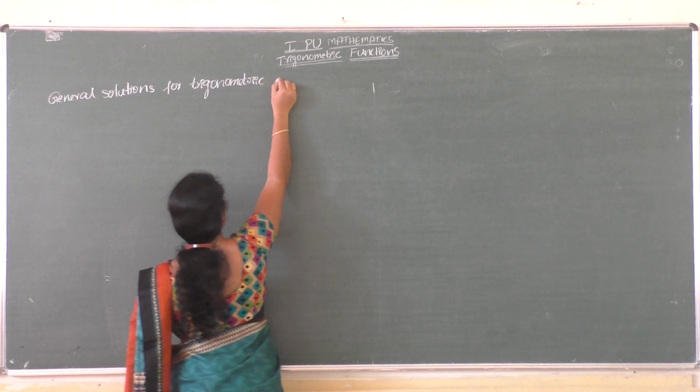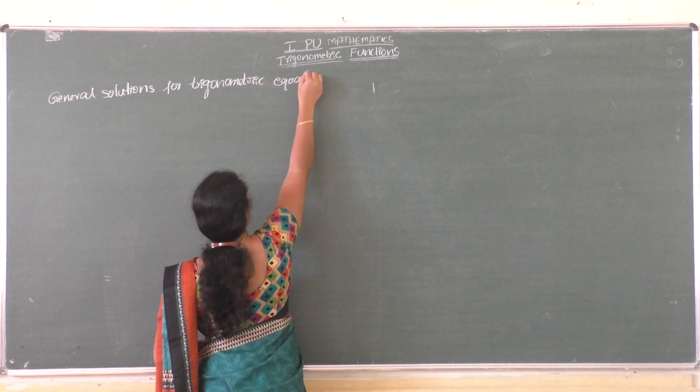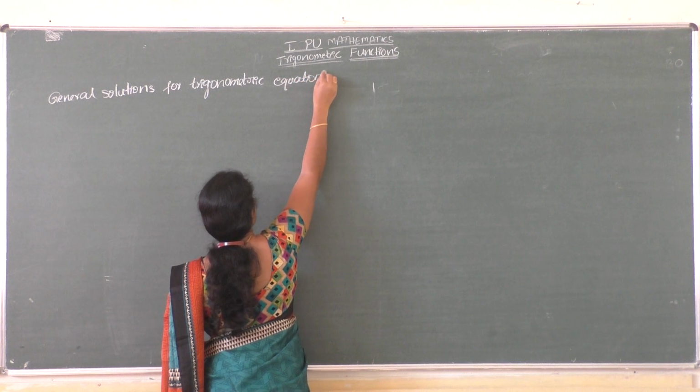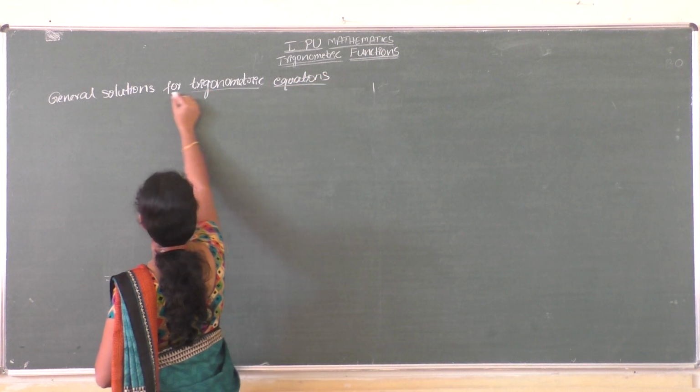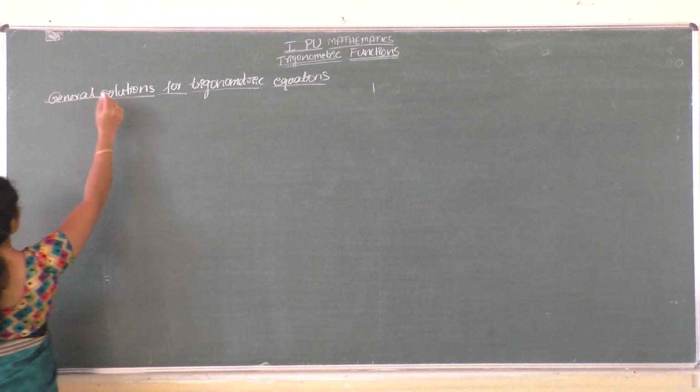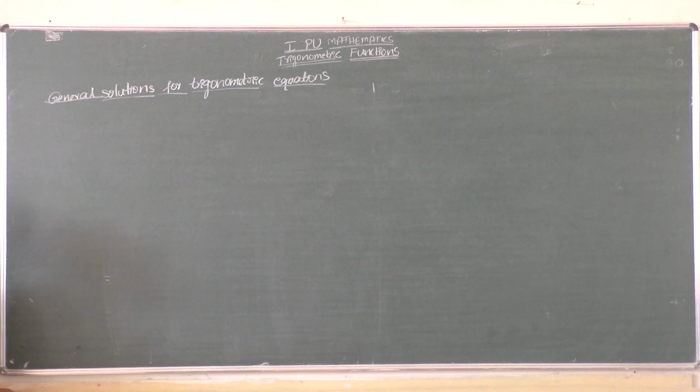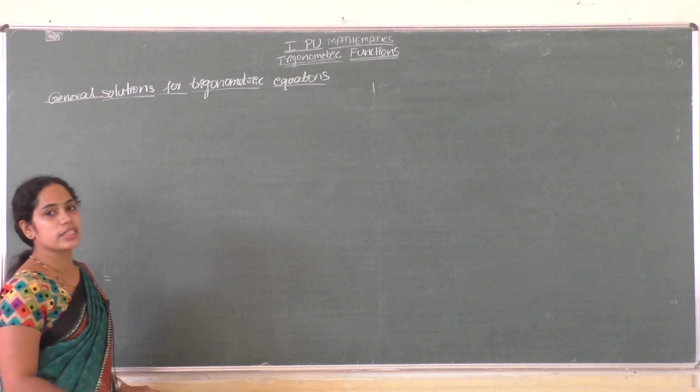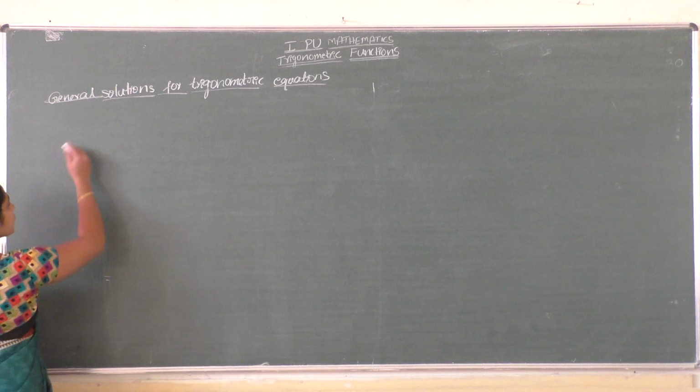General solutions for trigonometric equations: mainly we have three formulas here.